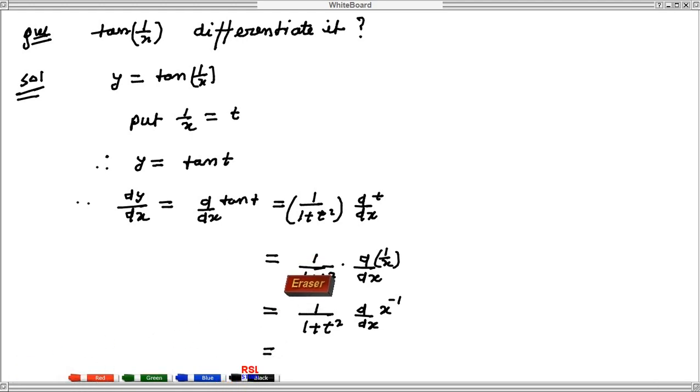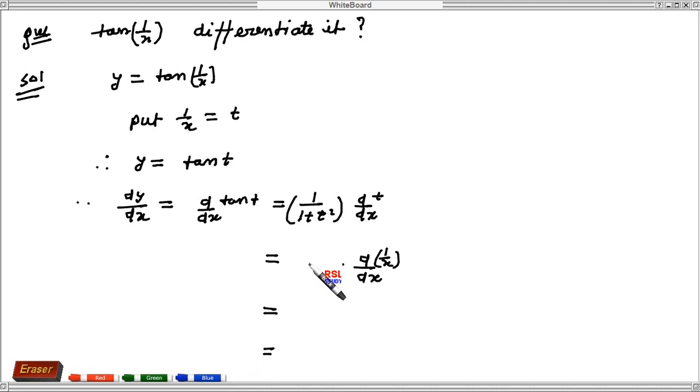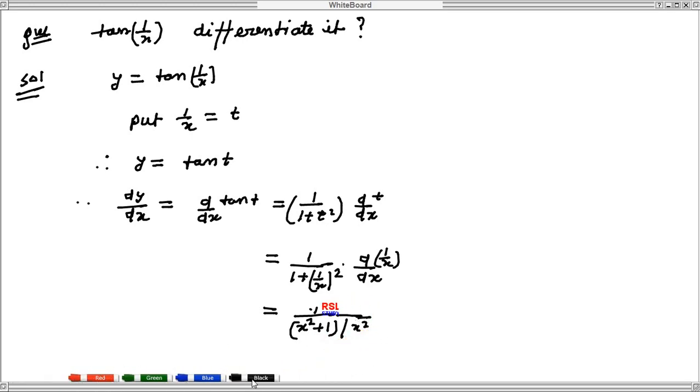You have to put t equal to 1 by x also here. That is 1 by x whole square. Now this is better. So that will be x square by 1 plus x square by, that is x square plus 1 by x square, and this x square will go up. So x square by x square plus 1.